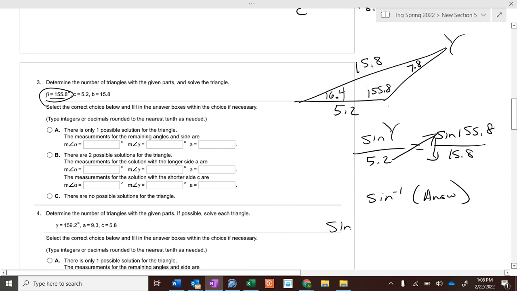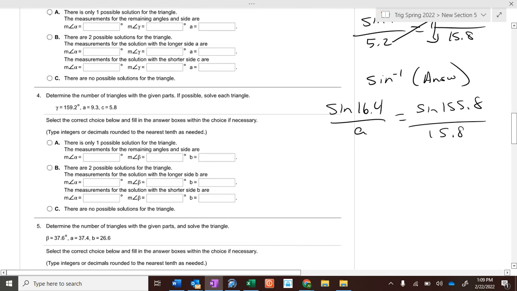So then you'd go the sine of 16.4 over its opposite side, which is A, because if this is gamma and this is beta, then this has to be alpha and A. So sine of 16.4 over A equals the sine of 155.8 over 15.8. Cross multiply and solve. Okay? You can do that. So here's another one that starts with an obtuse angle.